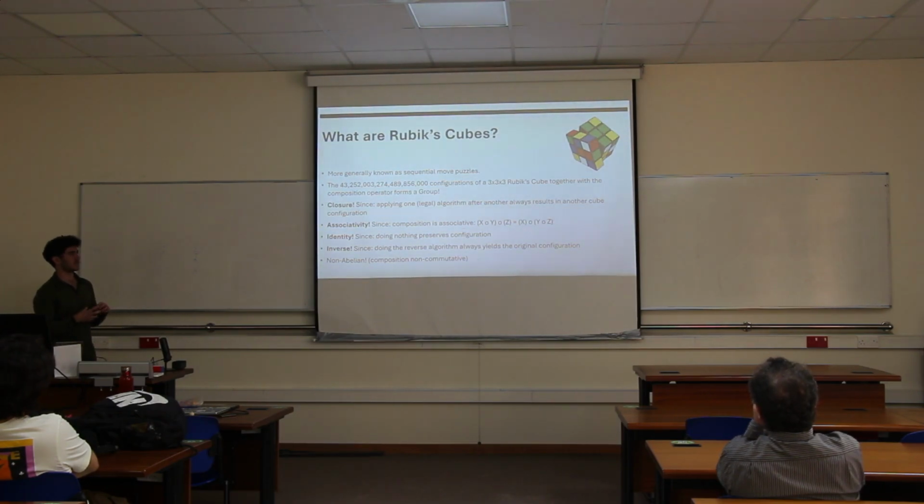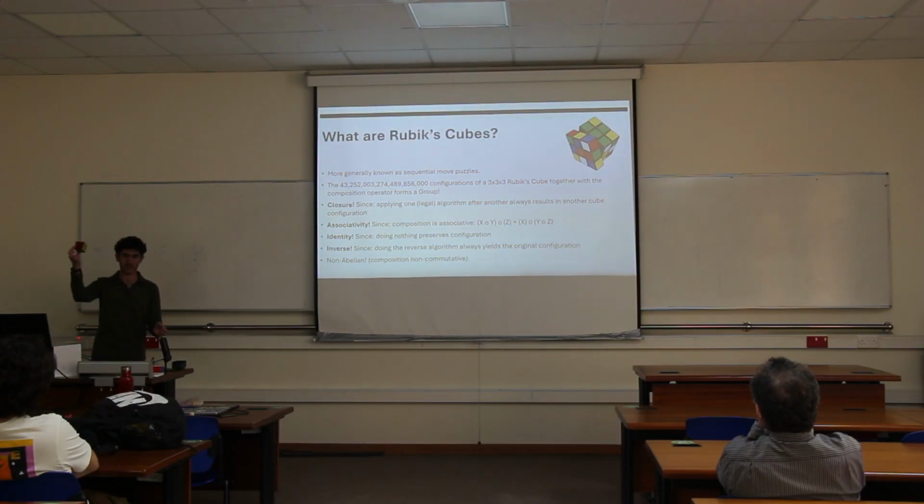So if we consider all the configurations and identify all the ways to get to each configuration from the solved state, and then see them as the same thing, right? Doing 4 right turns and then up turns is the same thing as doing 4 right turns. They are the same configuration. So let's identify all of those algorithms as one thing.